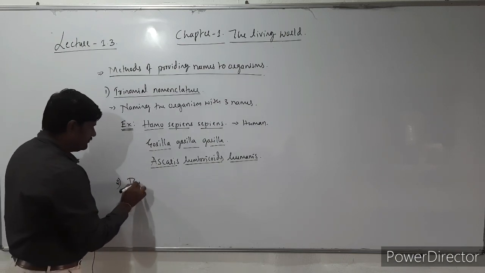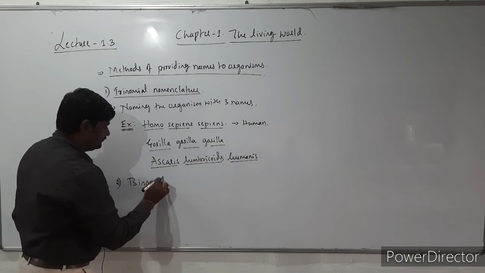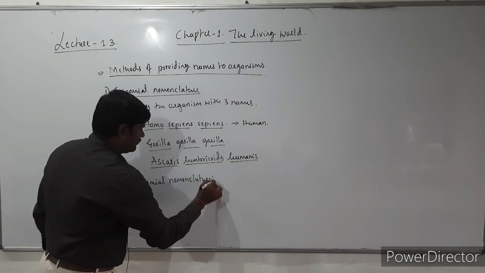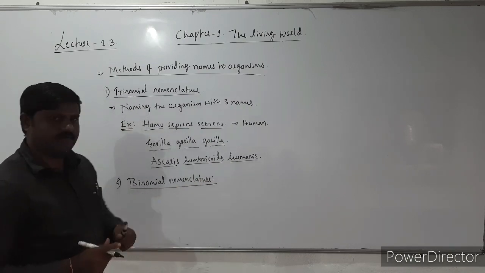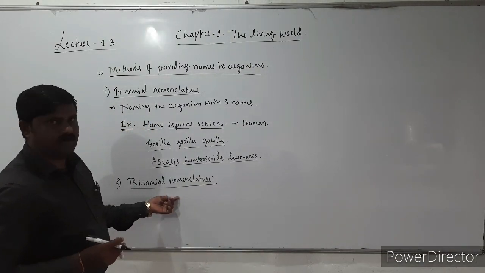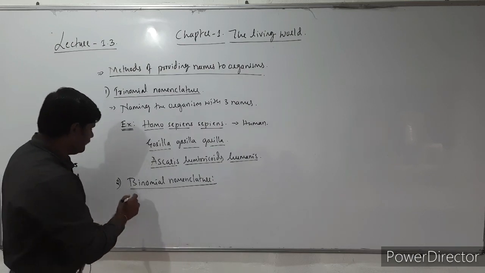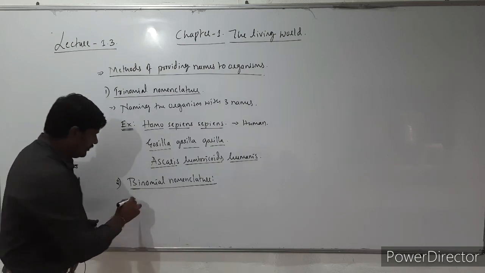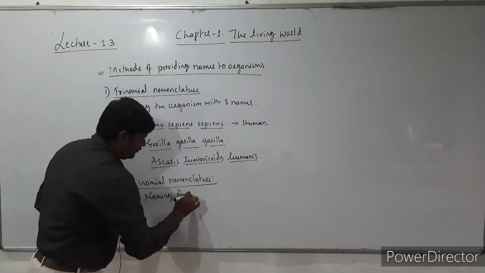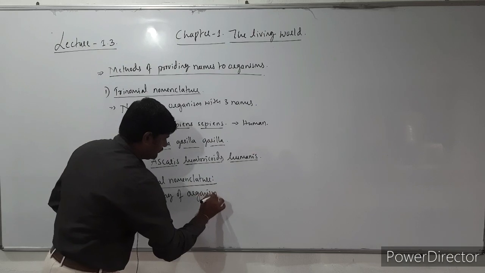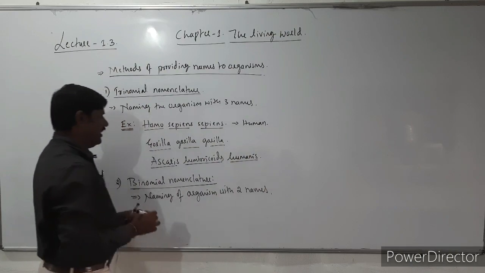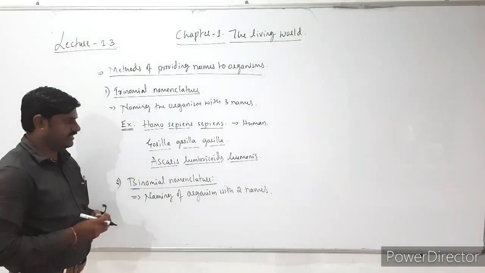And the second one is binomial nomenclature. Binomial nomenclature is the most accepted method of naming the organism. Bi means two. So naming of the organism with two names is called binomial nomenclature.